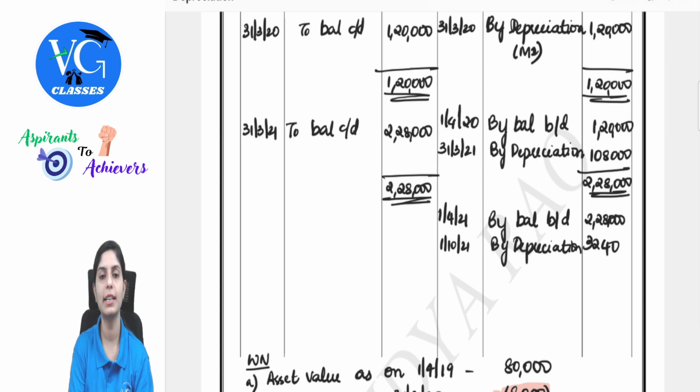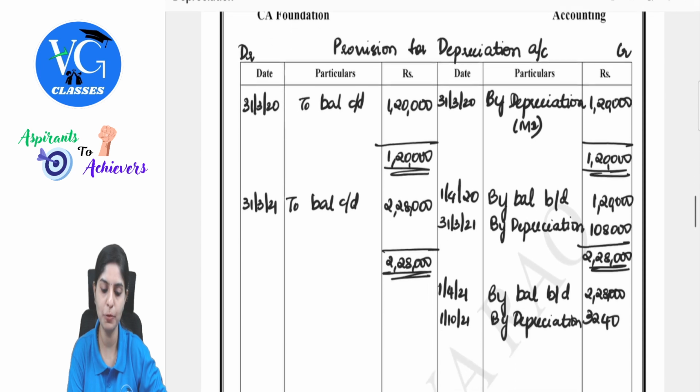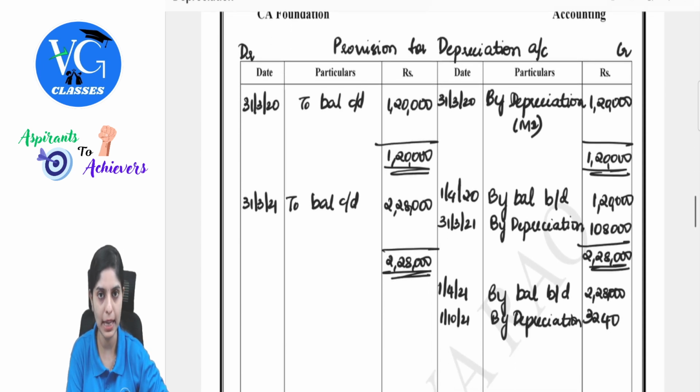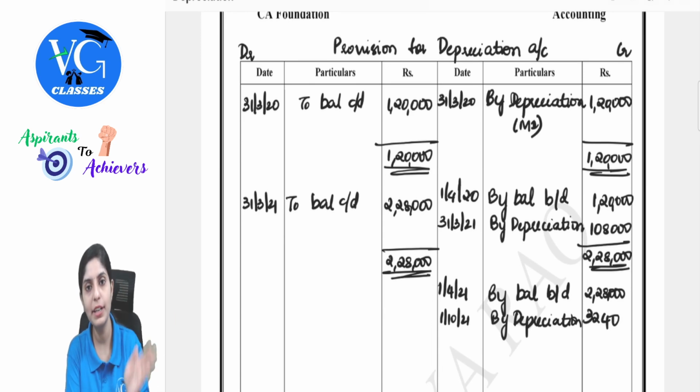Now when the asset is getting sold, understand one thing guys, till here what are we doing? We are just carrying forward the total depreciation. That means the balance of depreciation is getting accumulated. Now this part of the asset is no longer present in the business. Don't you think I have to eliminate this because the asset is no longer present in the business? So what I do here is, in this provision for depreciation account, if you look at the balance, this takes the part of 80,000 and the relevant depreciation charged on that particular asset.